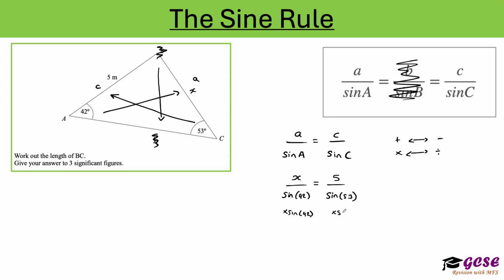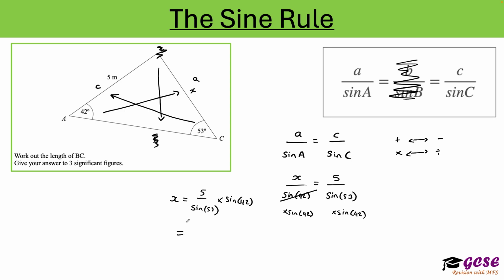So we're going to multiply this by sine 42 as well. That's going to get rid of the sine 42 here because we were dividing here, and because we've multiplied it by sine 42, we've got rid of it. That's going to leave x by itself. So we're going to have x equals 5 over sine 53 multiplied by sine 42.